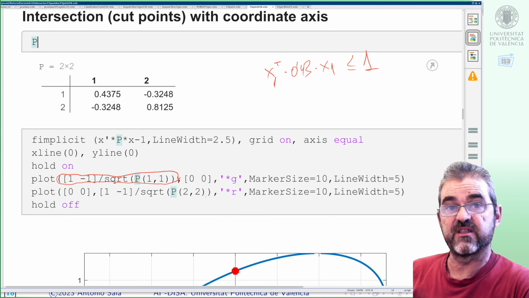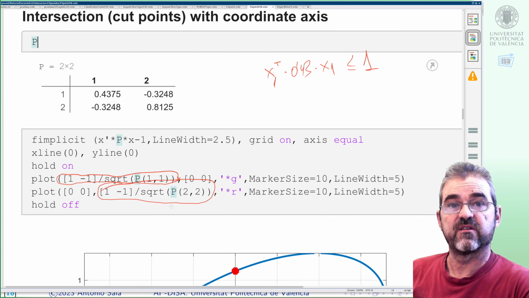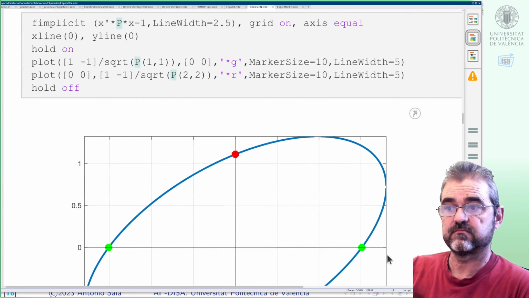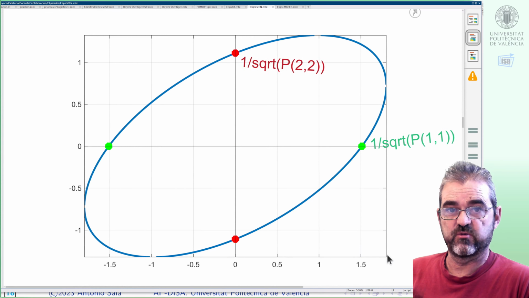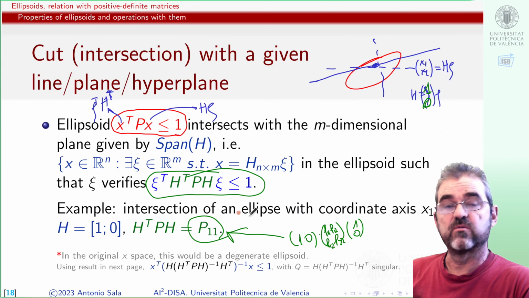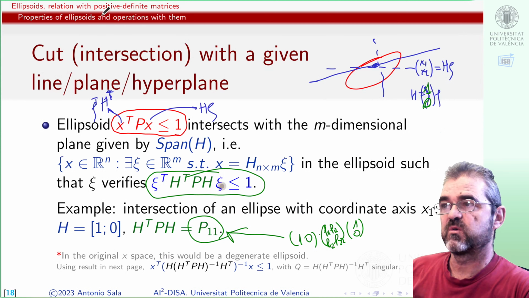So it will give me the intersecting points with the horizontal axis, and doing the same here, we'll have the intersecting points with the vertical axis. Here we have them. P11 is inversely proportional to the square of the green points. P22 is inversely proportional to the square of the red points. Good. If we now recall the theory, we see that this is in the psi coordinates.